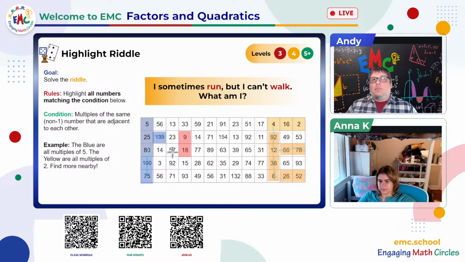What other multiples are there that could go into 9 and 18? 3, right. Any other multiples of 3 here? Isn't 7 in both of these? Yep, 7.